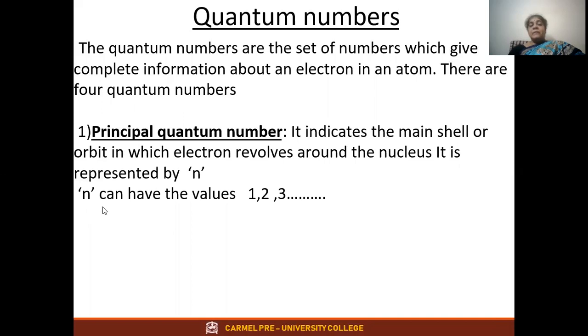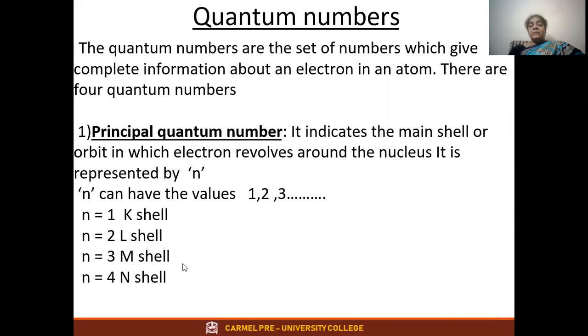What are the possible values of n? n can have values 1, 2, 3 and so on. If n is equal to 1, we call it K shell. n is equal to 2, we call it L shell. n is equal to 3 is M shell, n is equal to 4 is N shell.